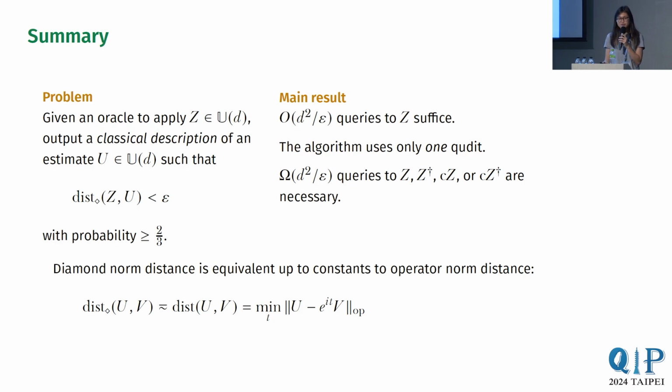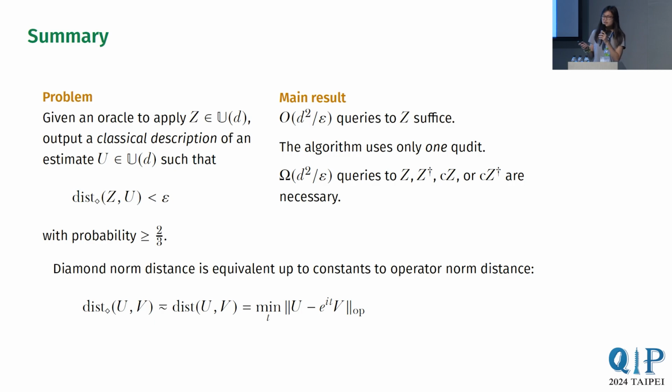And this algorithm has a couple of nice properties. First of all, it only uses one qubit, so there's no space overhead at all. We are basically just applying pretty simple quantum circuits only on your d-dimensional system.